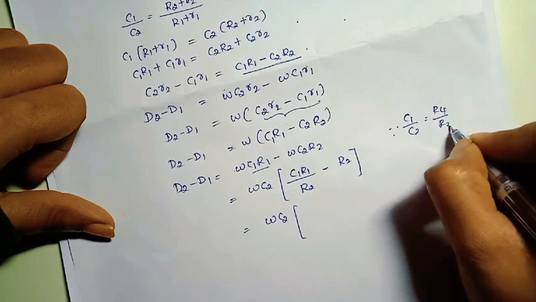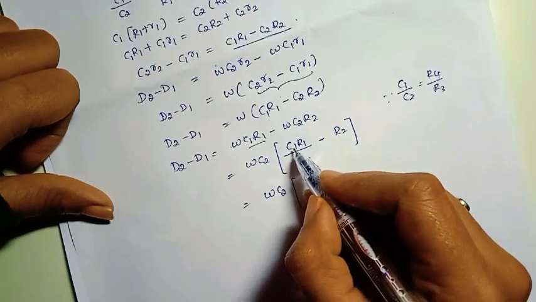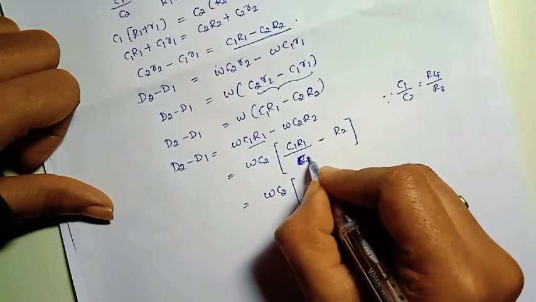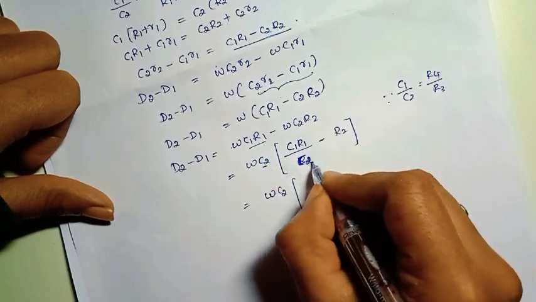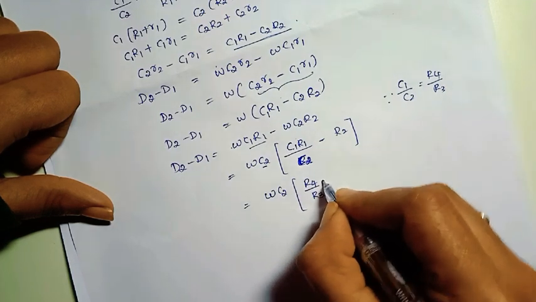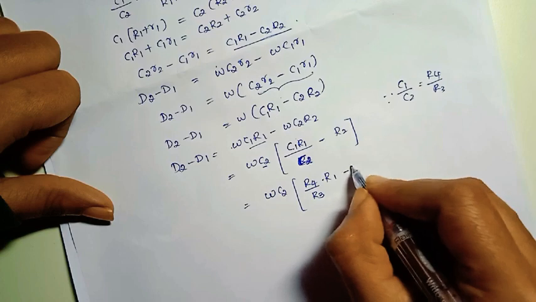So here C1 by C2 is R4 by R3 into R1 minus R2.